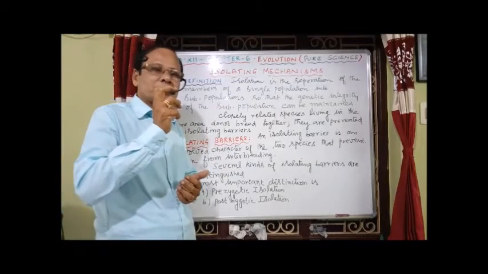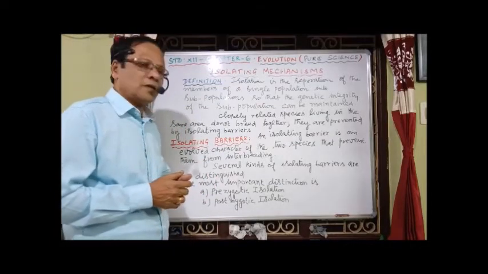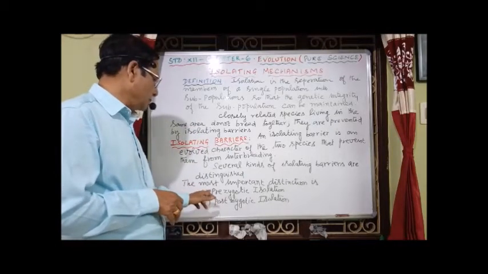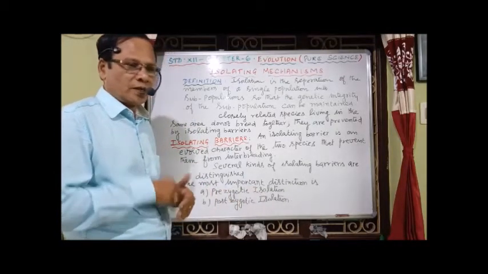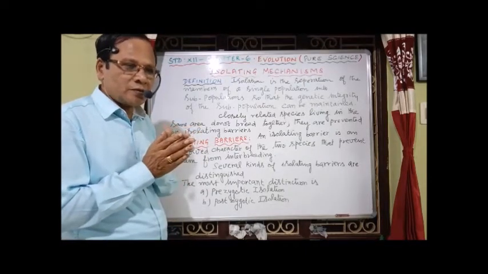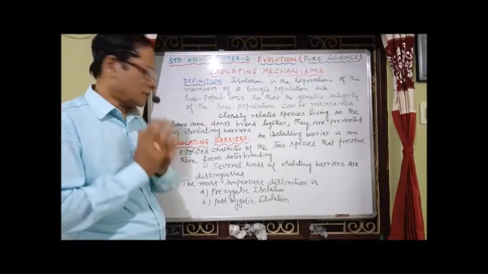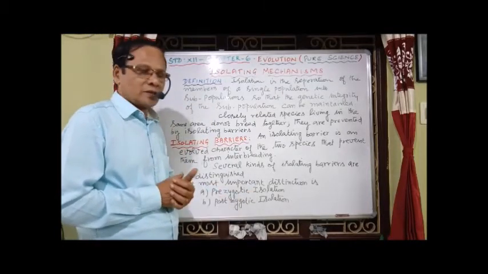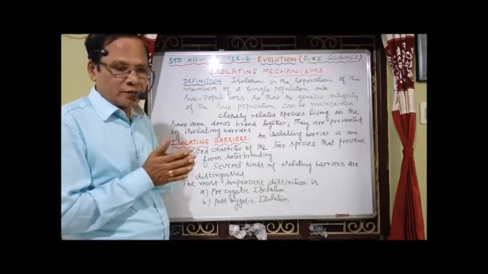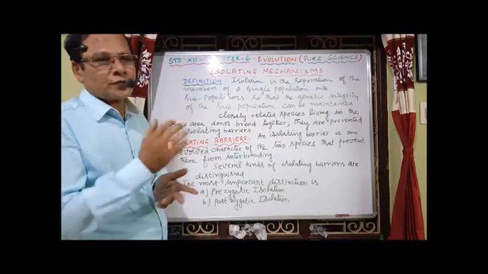Now we have several types of isolating barriers or mechanisms that prevent interbreeding. The most important distinction is number one, prezygotic isolation. The isolation that occurs before fertilization, preventing the individuals from coming into contact. Number two, postzygotic isolation, the isolating mechanisms that prevent interbreeding, acting after fertilization.